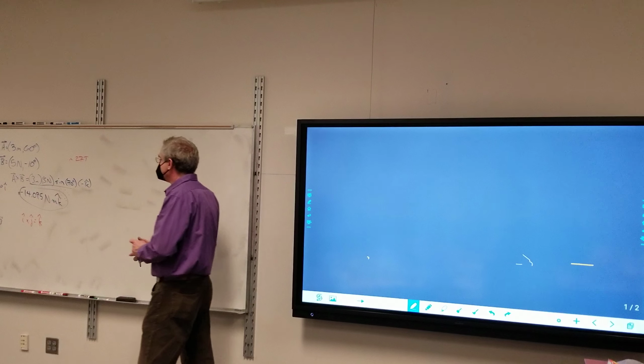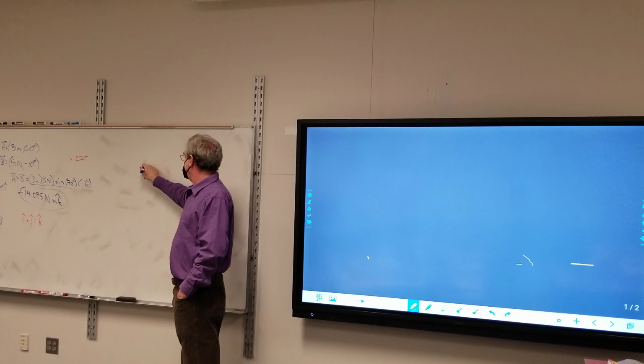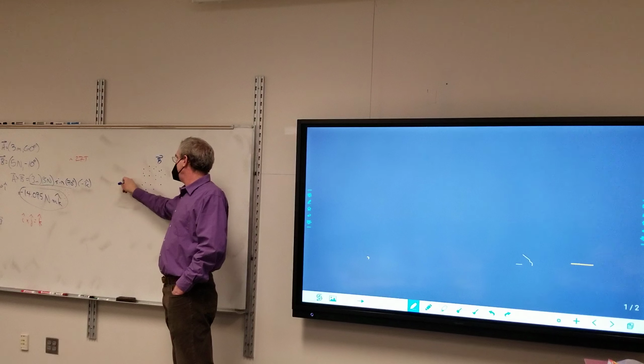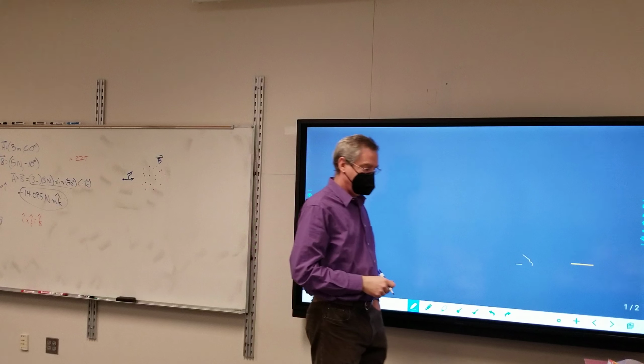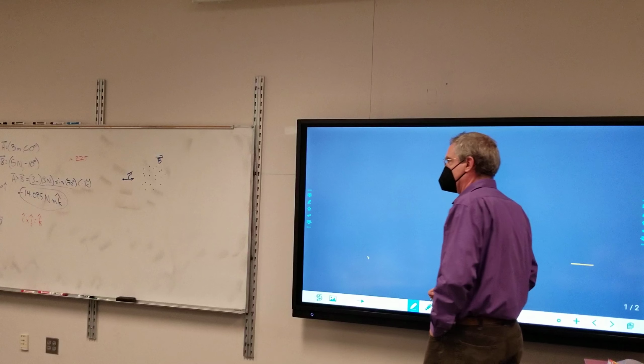All right. So, I have a magnetic field coming out of the board. Into it, I shoot a proton. That proton will be affected by the magnetic field.